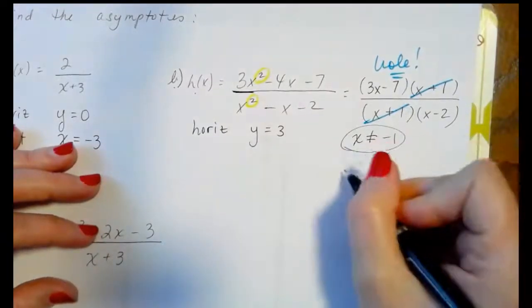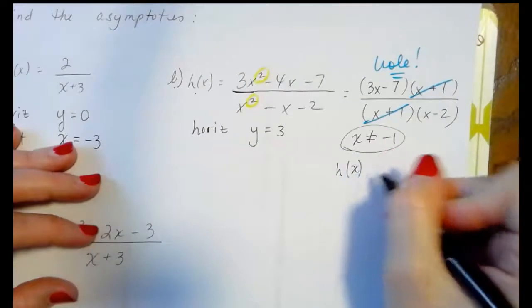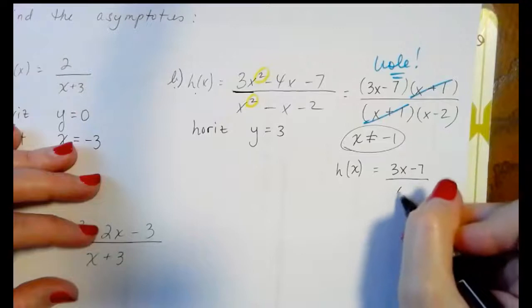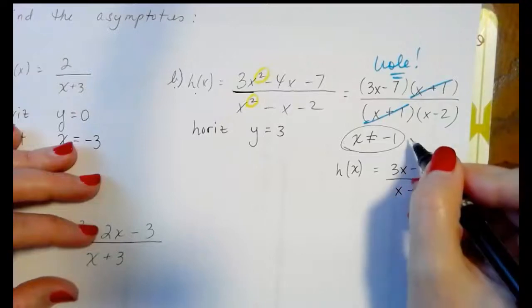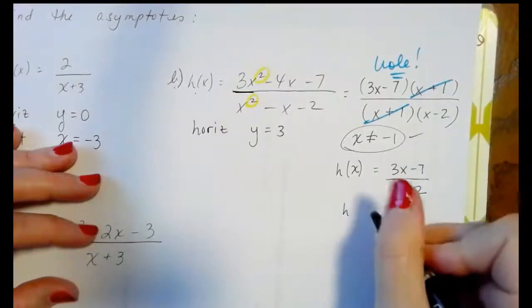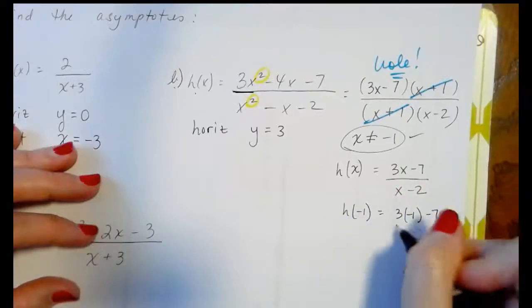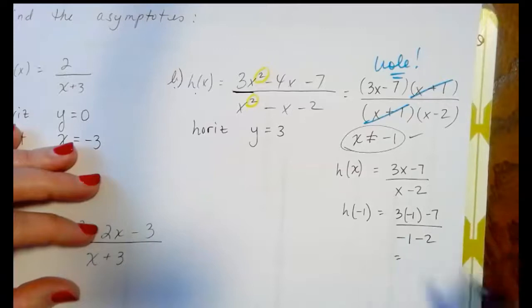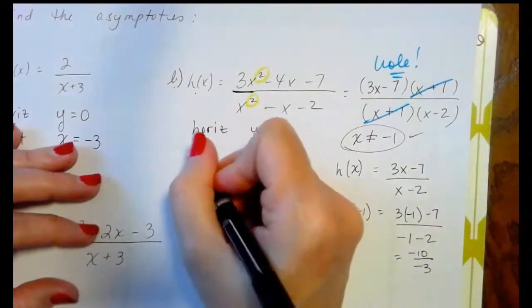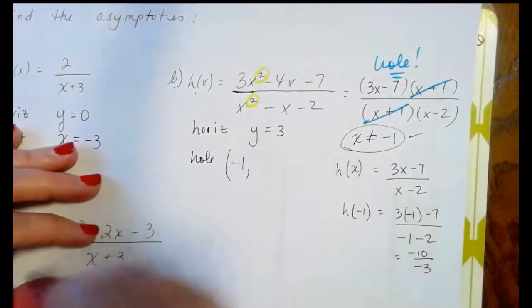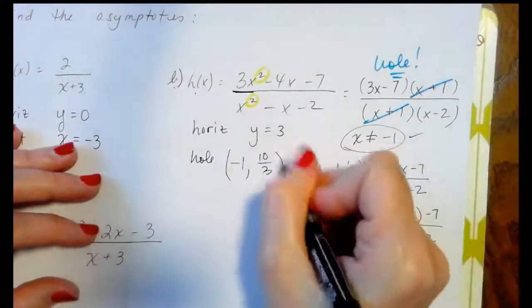So if my simplified function h of x equals 3x minus 7 over x minus 2, take that restricted value and evaluate the function. Which gives us negative 3 minus 7, which is negative 10 over negative 3. So my location of my hole is at negative 1 and 10/3.